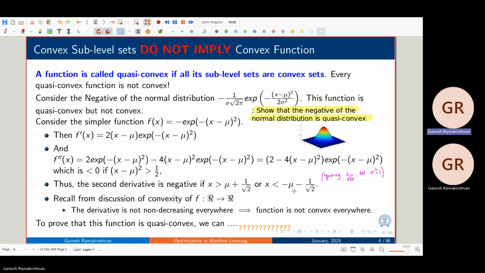So while I gave the example of log 1 upon x, a more classic example is this, and this is a single dimensional variable.